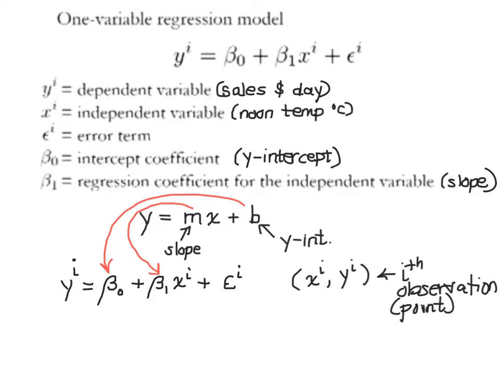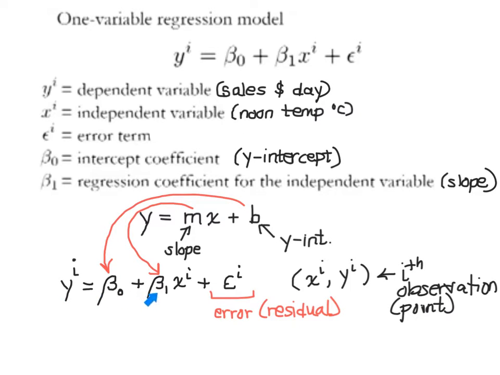This value here, epsilon i, that is our error term, otherwise known as our residual. And this is because this b naught plus b sub 1 times our x value will only be an approximation for any corresponding y value.